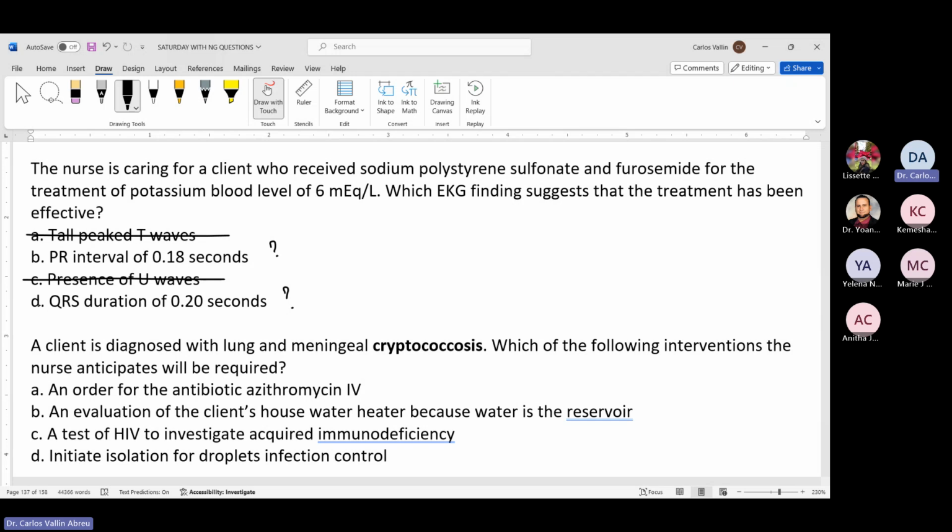And if you don't have any idea, at least you have a 50% probability of having a right answer if you are guessing.